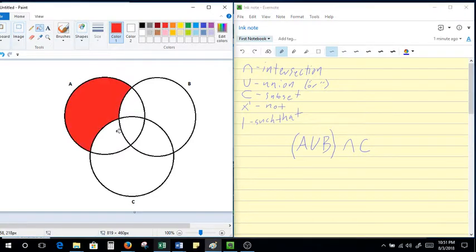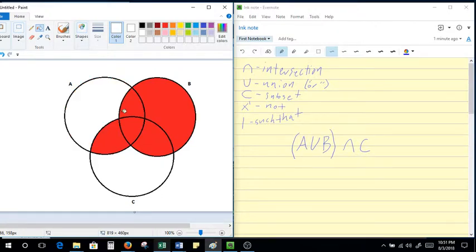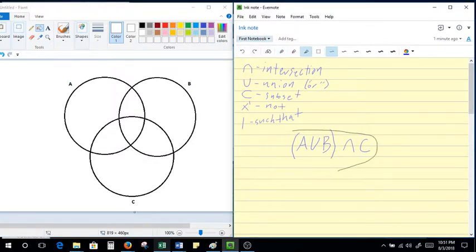We have A union B, so that's everything A or B. But then it's asking for where does that intersect C? And that would be here. So we take away the values that C does not touch. We'll get back to those in a minute.